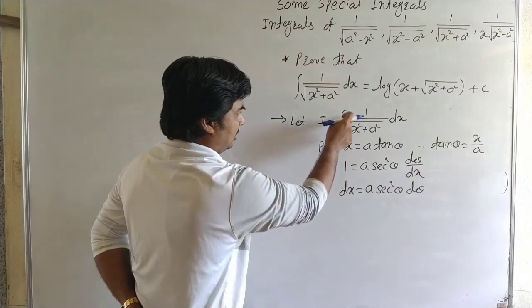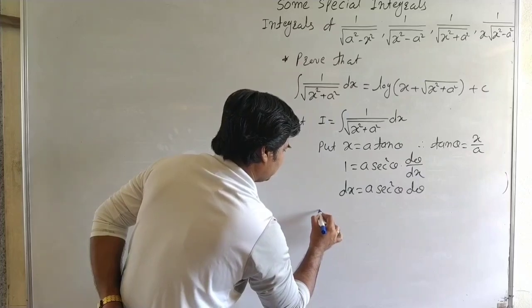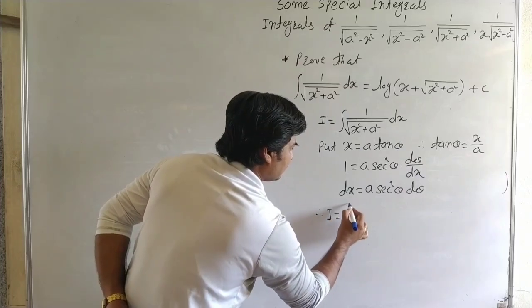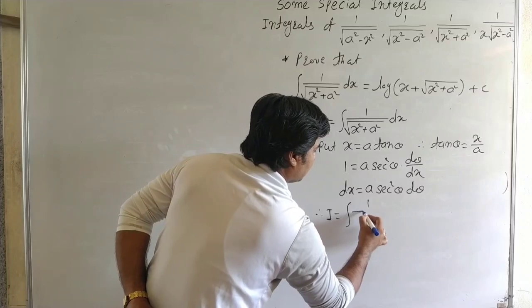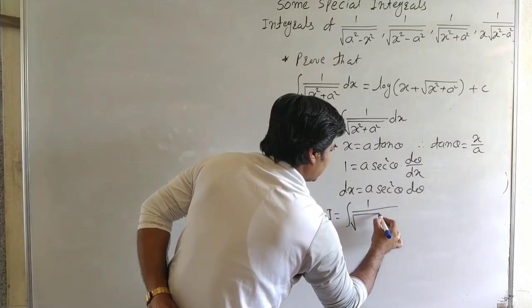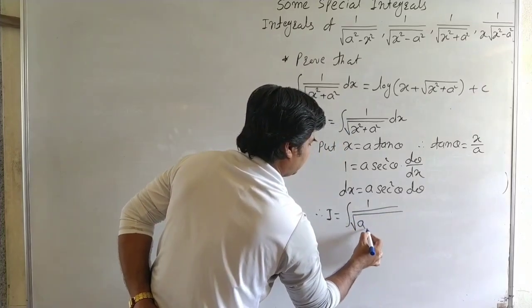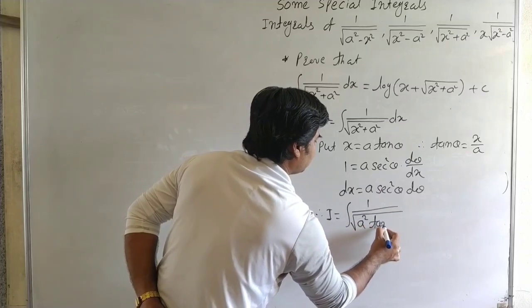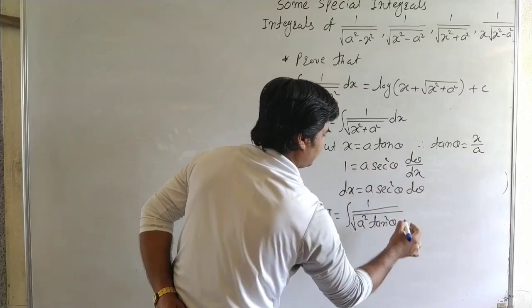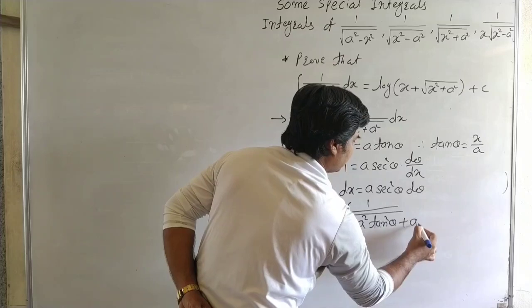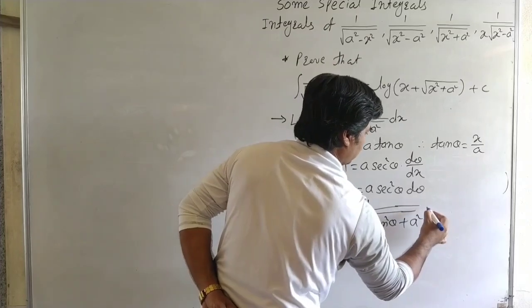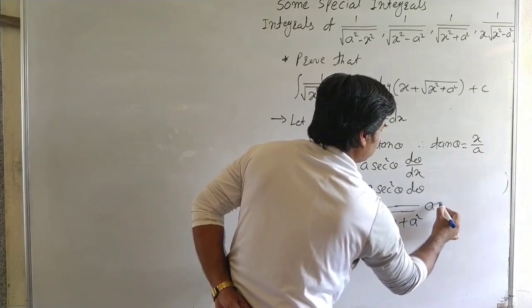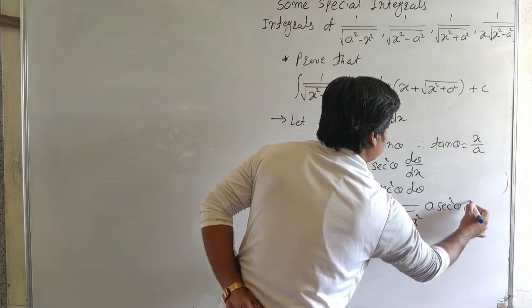Now put the values in the integral. Therefore it is 1 upon under root of x square, that is a square tan square theta plus a square, and dx is a sec square theta d theta.